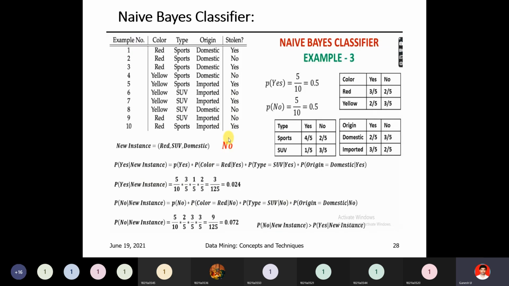For S class, you have to multiply all these: red by S, SUV by S, domestic by S. For no also, red by no, SUV by no, domestic by no, you have to multiply all these. The probability of no for the new instance is higher than the probability of yes for the new instance. That's why no is the answer here.